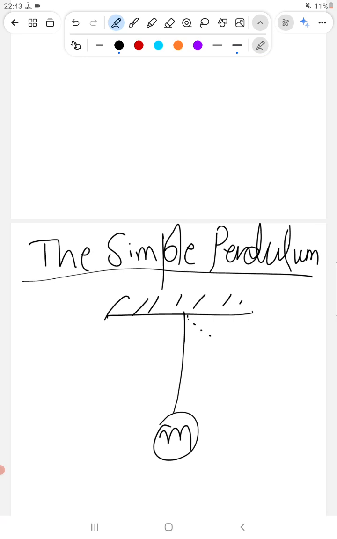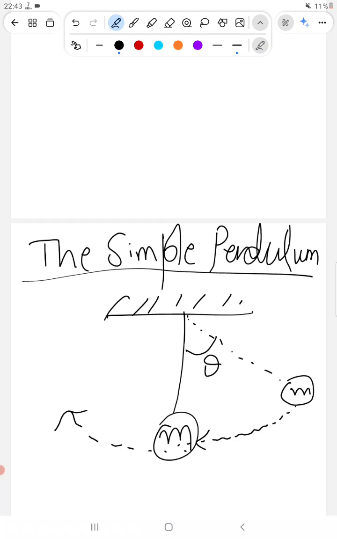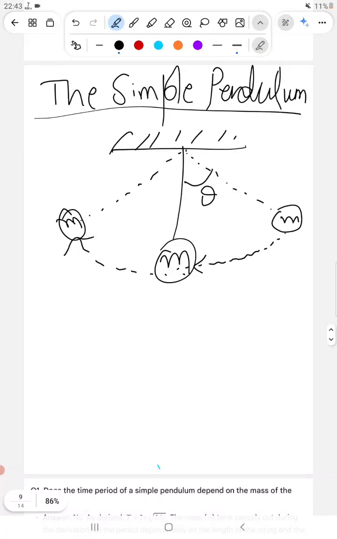Let this mass be displaced from the mean position by an angle theta. The mass has a tendency to come back to its original position, and it will not stay there; it will move further and reach the other extreme position. The mass will move to and fro about the fixed point. It is called simple harmonic motion.